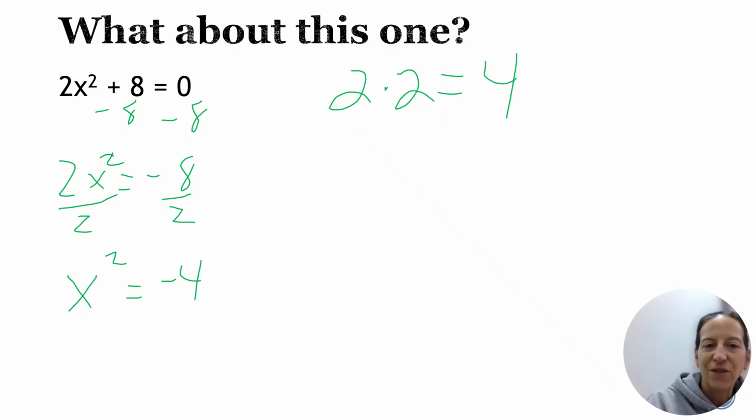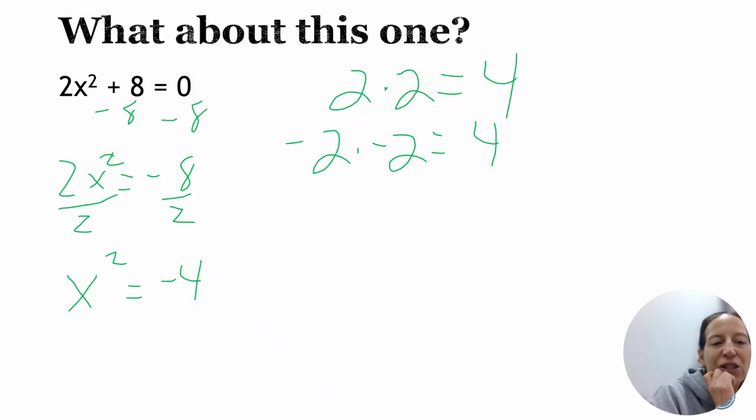So often when I do this in class, students will say, oh, well, then it's -2. Okay, but a -2 times a -2 is also a +4. And so you get to this point, and it's kind of like, oh, well, I guess there isn't any number that when I square it, I can get a -4. And you would be sort of correct.